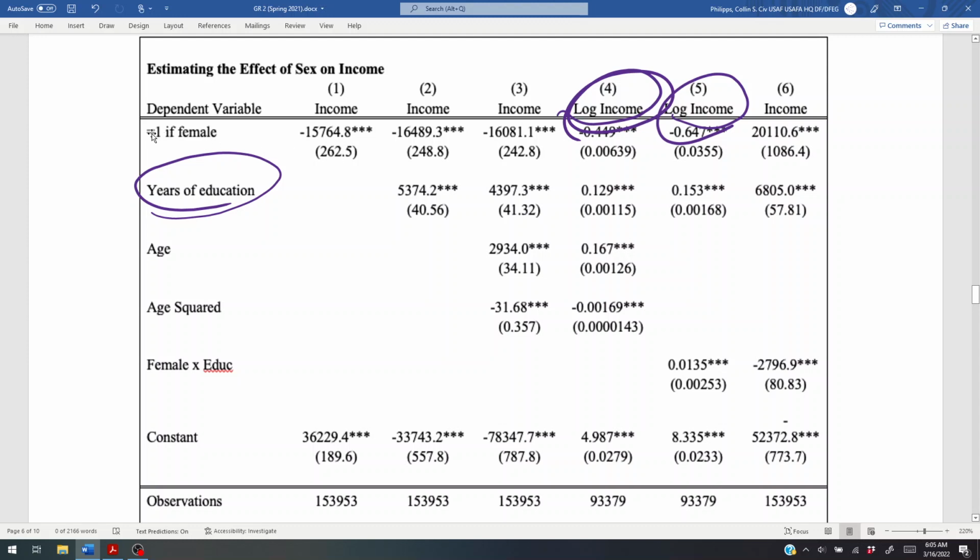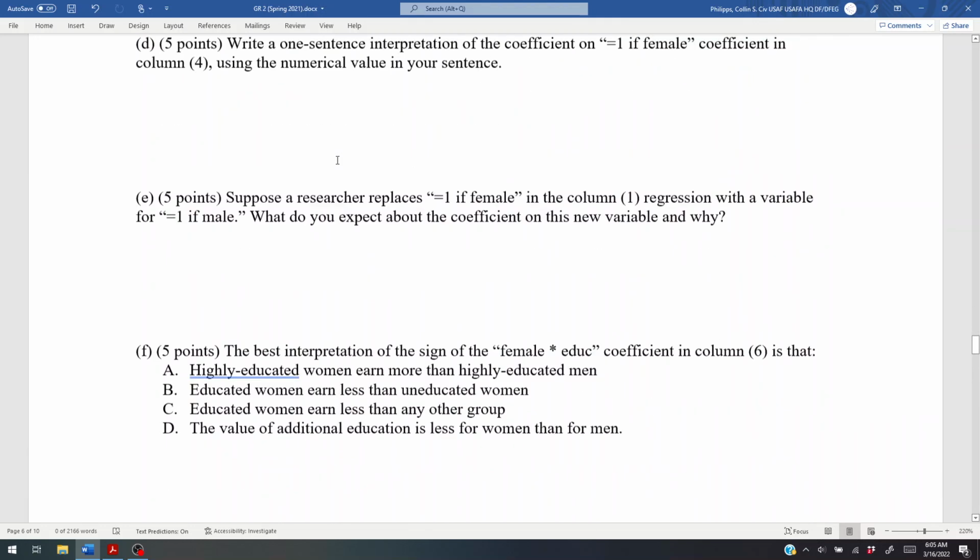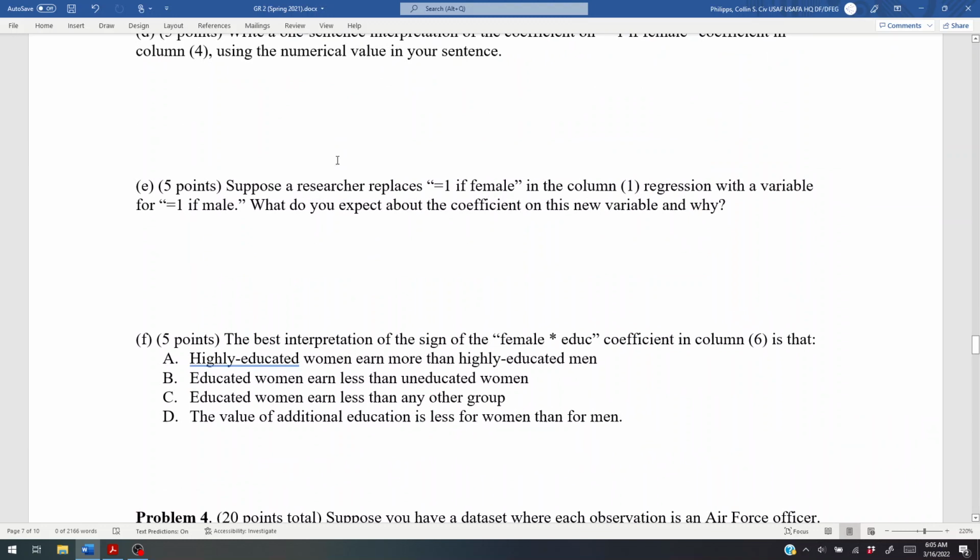So if I changed this and made it men instead of women, the baseline would be women instead of men. And so this would be the same number, but it would become positive. The constant would also change, right? Same number.